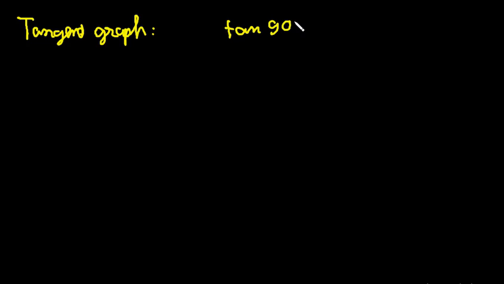And now we'll look at the tangent graph. From the previous video, you also noticed that the tan of 90 degrees equals 1 over 0. This one's undefined. So there are no values for tan of 90 degrees.